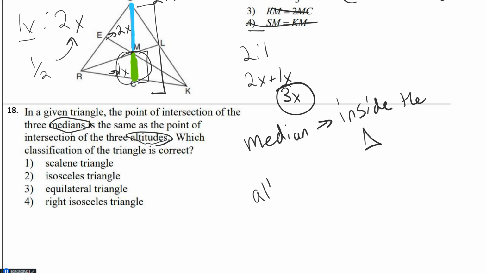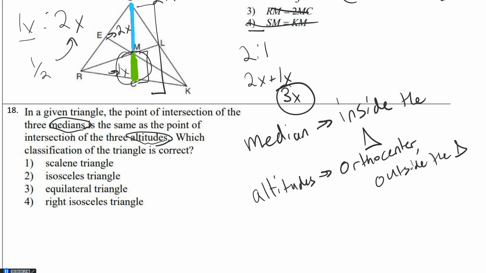And I know the altitudes, when they intersect to form the orthocenter, can sometimes be outside the triangle. And even with a right triangle, that can be right on the vertex. So I know this can't be a right triangle, and I know it can't be an obtuse triangle.